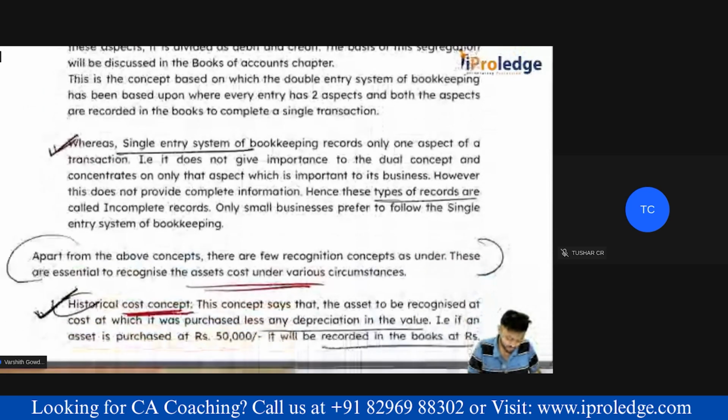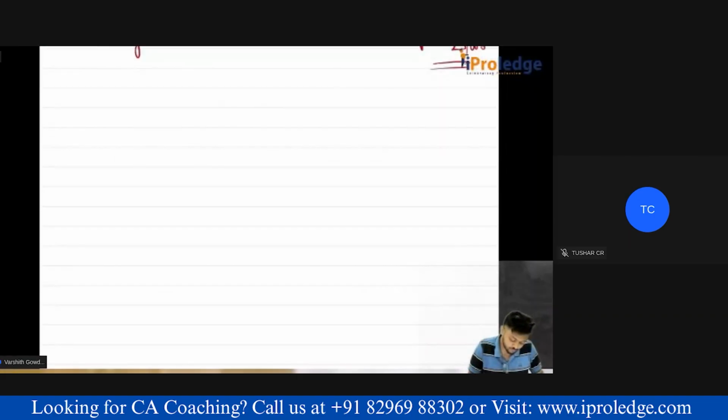Then we have the cost concept, the historical cost. So what is the cost concept? Let's say suppose I started a business, invested the capital, and bought a new land here in Jayanagar. When I bought it many years ago, it was only 1 lakh. Today it is crores.